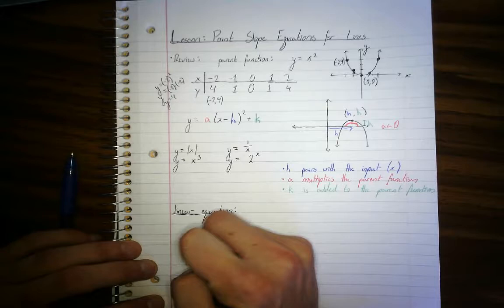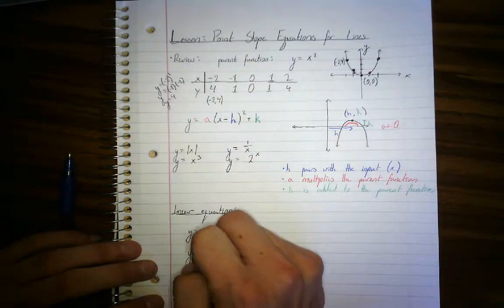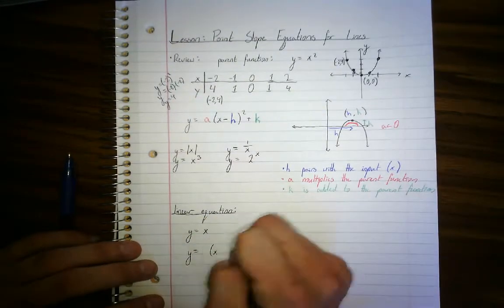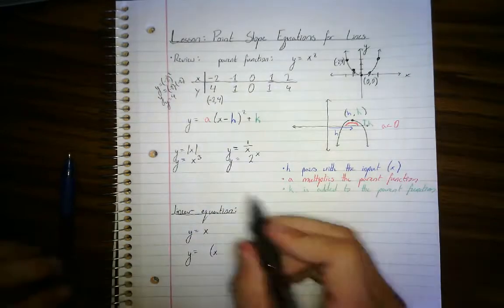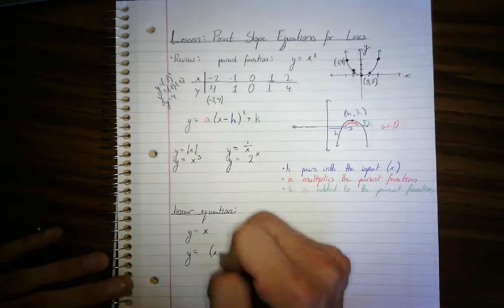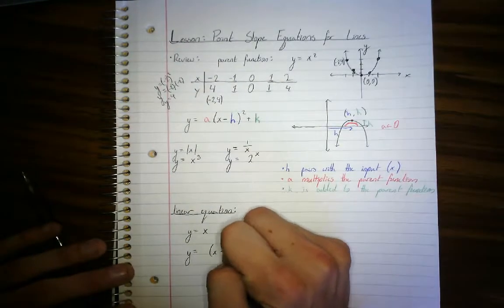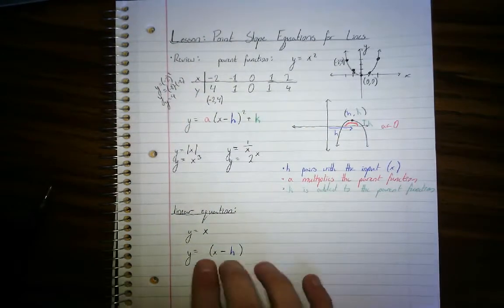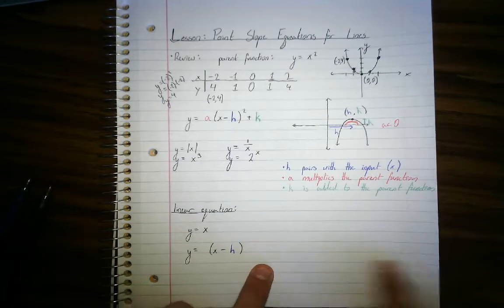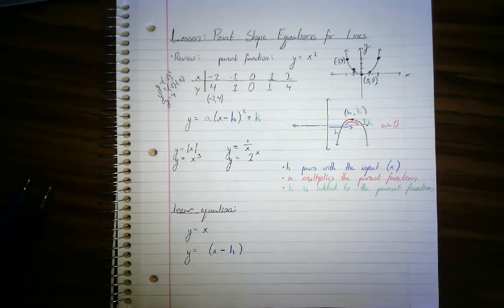So we have our y. We're going to wrap parentheses around our x and find out that just like over here, we're subtracting our h from our x. So this will be a graph that's shifted over h units.